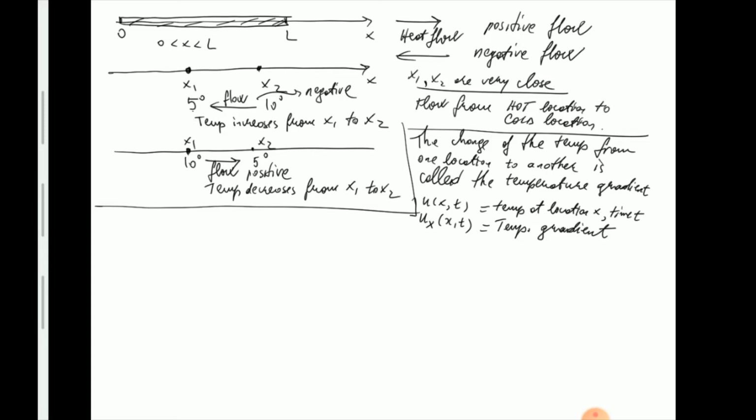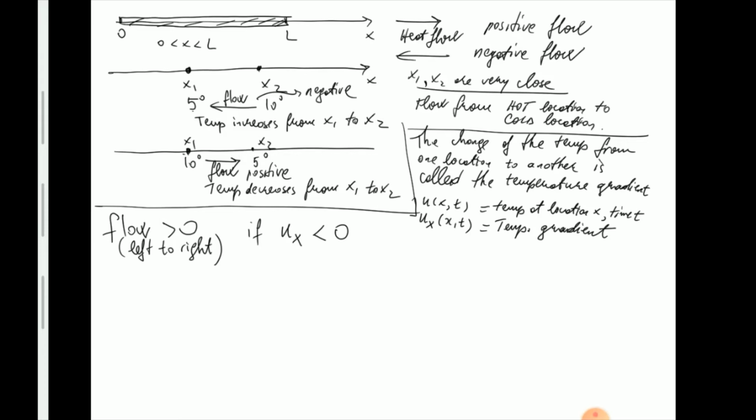So this remark that I made here is that the flow of the heat will be positive, namely from left to right, if the temperature gradient at that point is negative, right? So the temperature decreases from left to right.